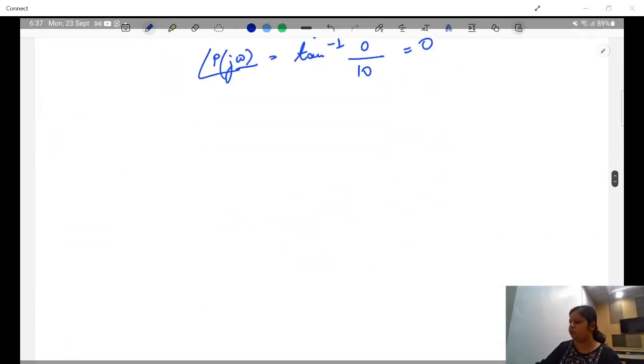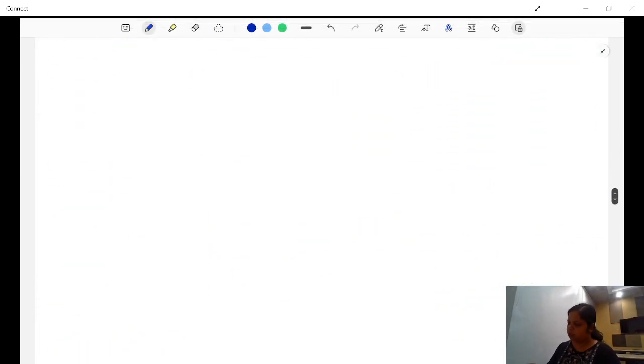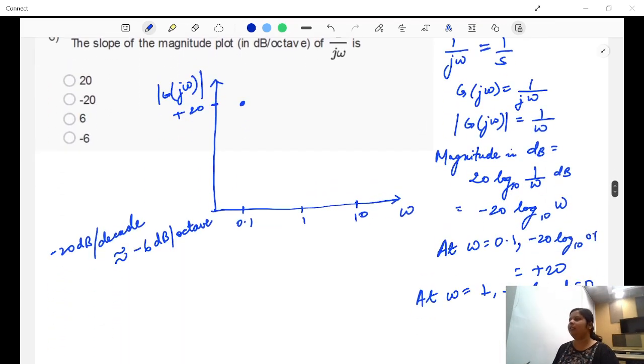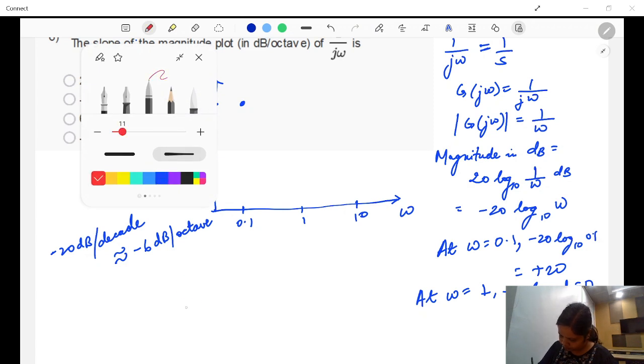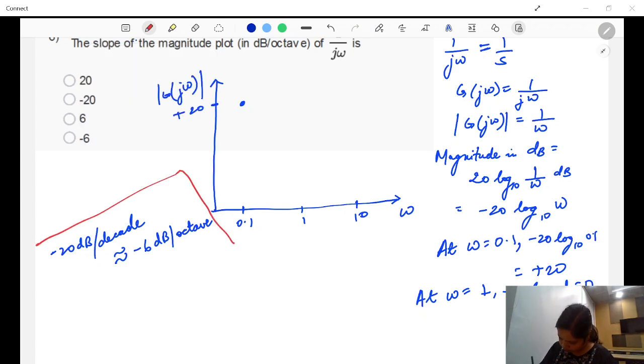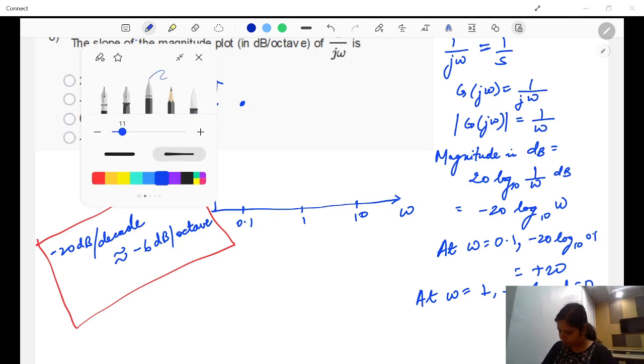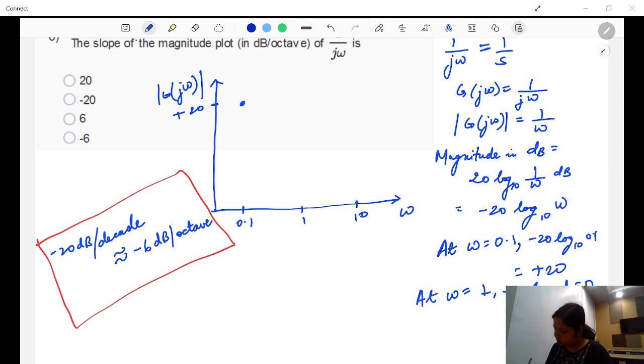It's a bit time taking because you have everything on a scale of 10. So it's always easy to work with decades than octaves. That's why this relation is very important. It will help you. Okay. Now here we got 0.